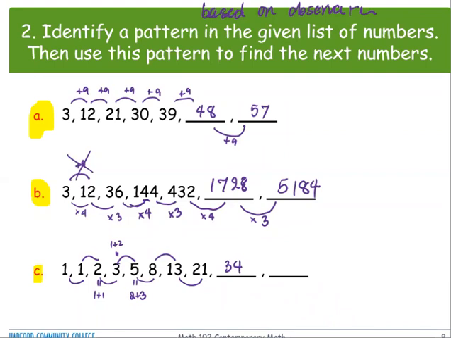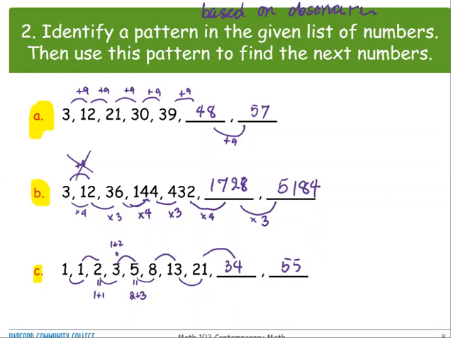So 34, and then add these two numbers again to get the next one. So that would be 55. Very good. And if we have to keep going, we use the same pattern.